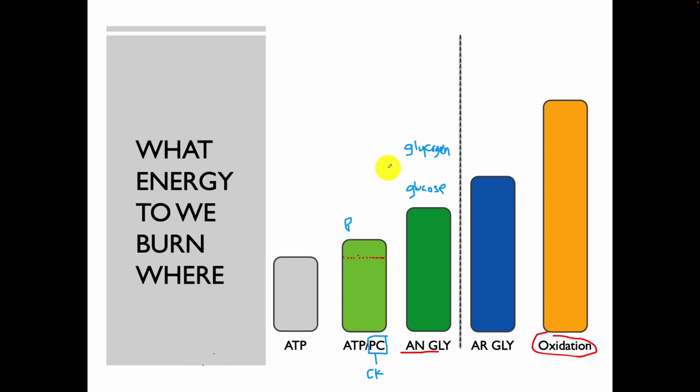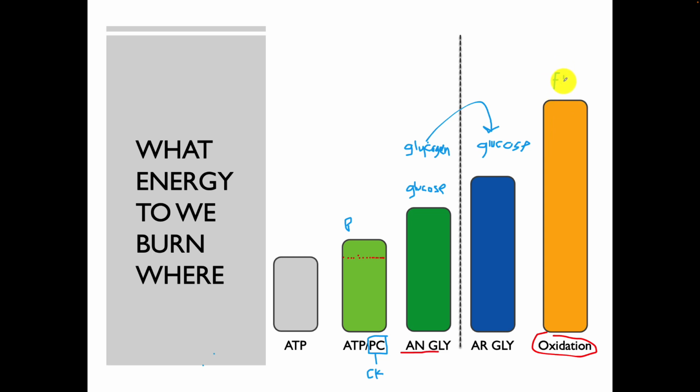Okay. So, anaerobic glycolysis. Well, glycolysis obviously means glucose. Aerobic glycolysis, that's coming from glucose as well. And that glucose could be coming from glycogen or from the blood, because we have glucose circulating in the blood. And then when we get to beta oxidation, we're dealing with fatty acids.